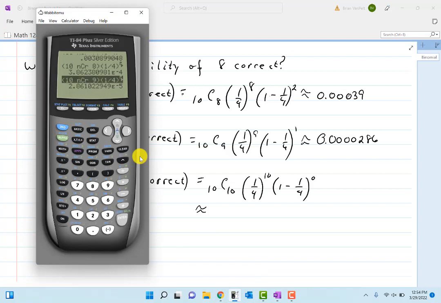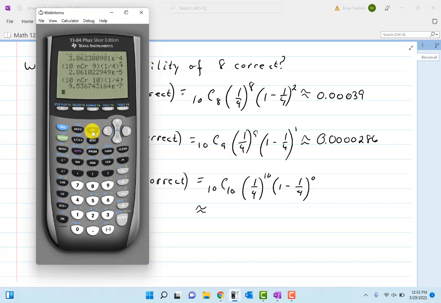So let me go back up there and grab my things again. And this time we want a 0 in that spot. We want a 10 up there. I think this is okay. It'll stay up there and overwrite the 9. And then I need 10C10. So once again, I'm going to put a 1, but I need to insert the 0 so that it works right. Enter.